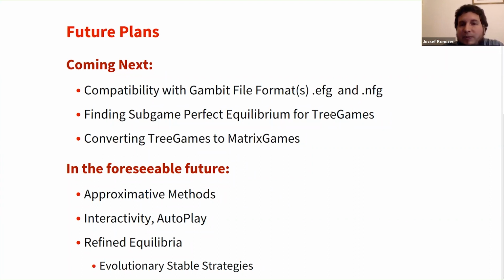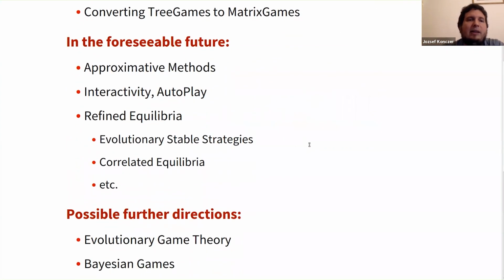Converting tree games to matrix games, which is useful for small games, because in that way the full solution set can be found. Then in the foreseeable future, approximative methods, interactivity and autoplay, refined equilibria like evolutionary stable strategies, correlated equilibria, etc.